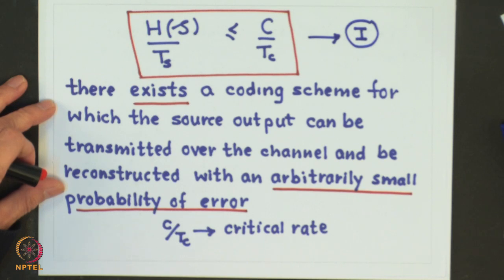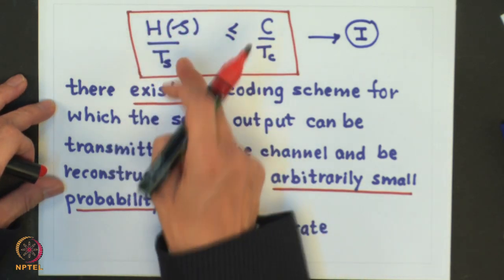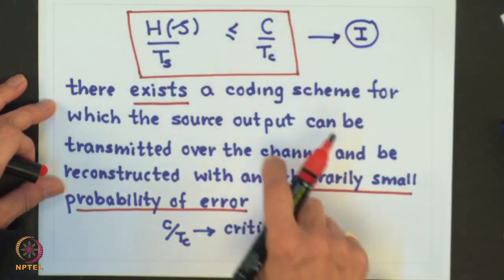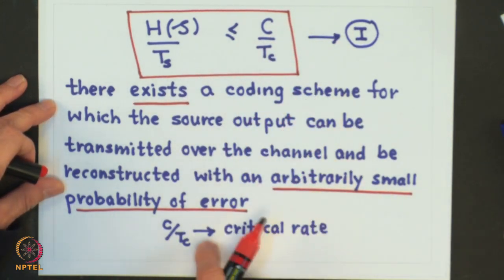Correct. And C by Tc is known as the critical rate. So, if your information rate of transmission is exactly equal to C by Tc, then you say that you are signaling at the critical rate.